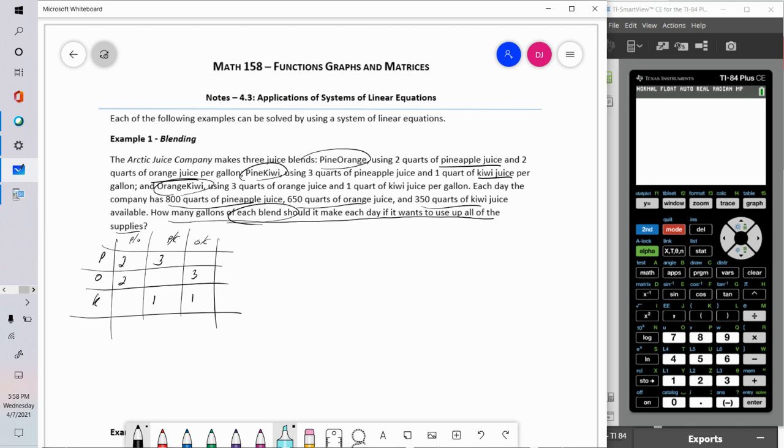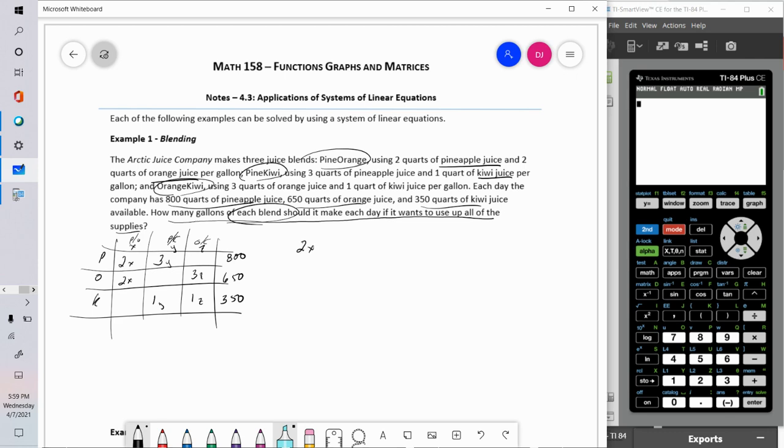Each day, the company has 800 quarts total of pineapple juice, 650 quarts of orange juice, and 350 quarts of kiwi juice. Now, I'm going to let pine orange be my x, pine kiwi be y, and orange kiwi be z. So notice 2x plus 3y, 2x plus 3z, and 1y plus 1z.